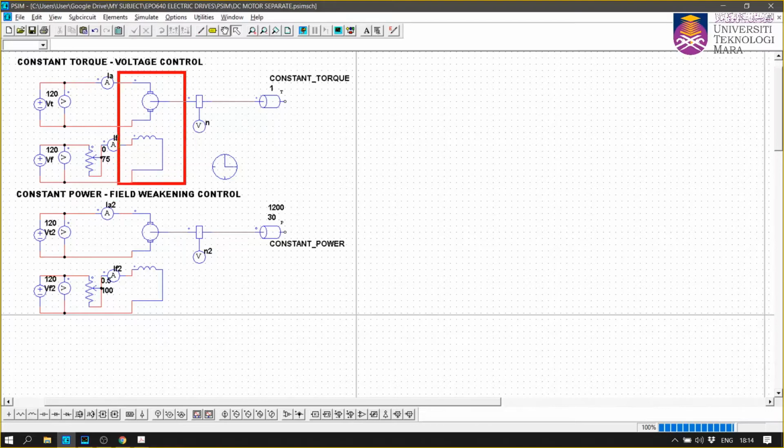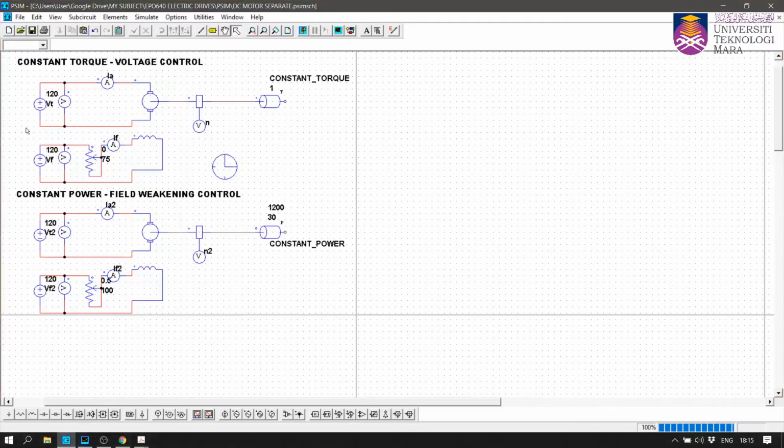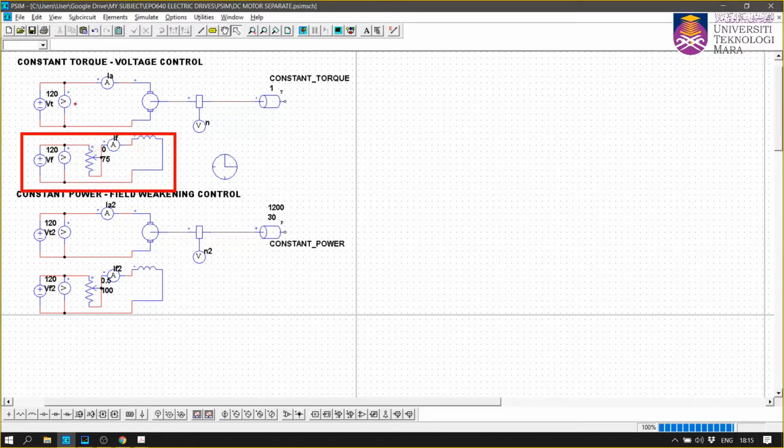Okay, so this is your machine, and then you need to connect to your, considering this is a separately excited DC motor, so you have a different field winding. So this is your field winding, and that is your motor, the armature circuit there.